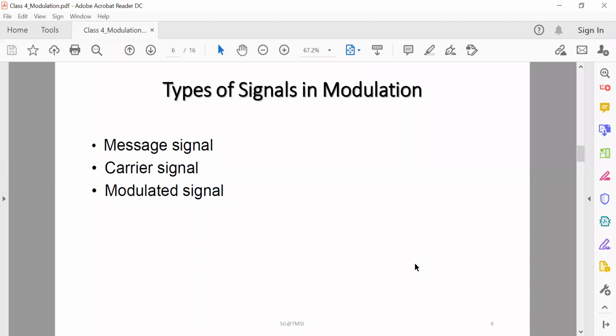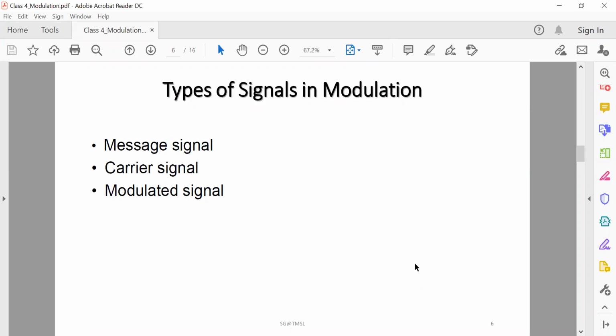So don't confuse these terms. The original frequency range of a transmission signal is called the baseband signal. The message signal or baseband signal undergoes a process called modulation before it gets transmitted over the communication channel, and hence the message signal is known as the modulating signal.